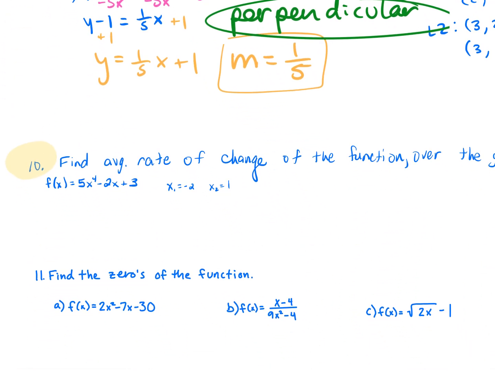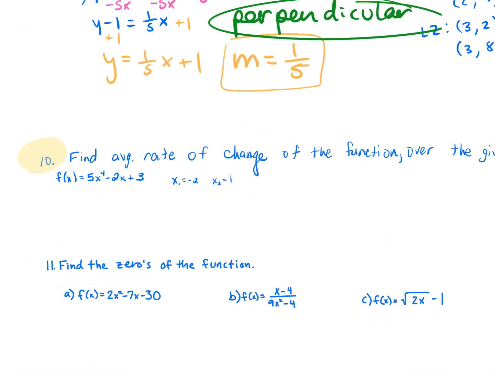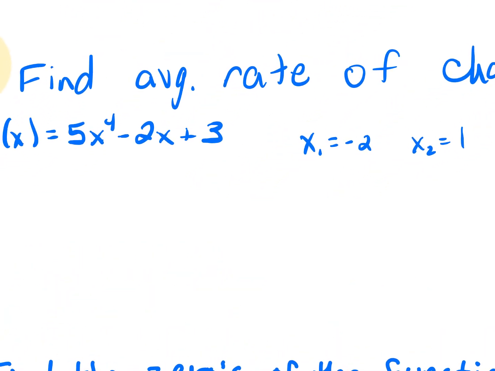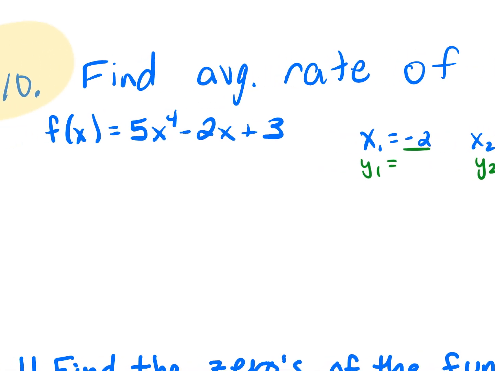All right, for number 10, we're going to find the average rate of change of the function over the given interval. So here it gives us x1 and x2. We want to find y1 and y2. How could I find y1? What would I need to do here? Cassandra, what would we do here? How do we find y1? So we're going to plug in -2 because that's our x1 into the equation.